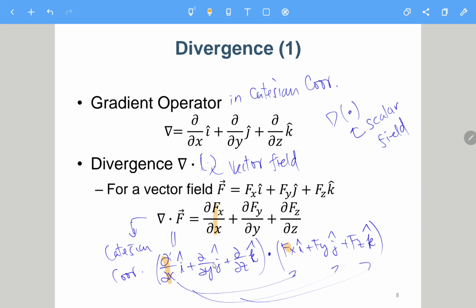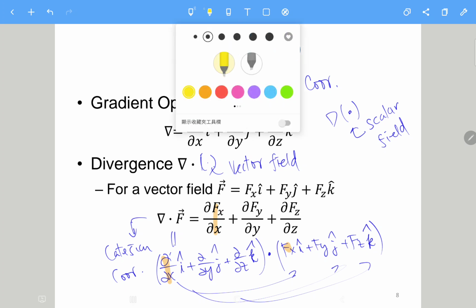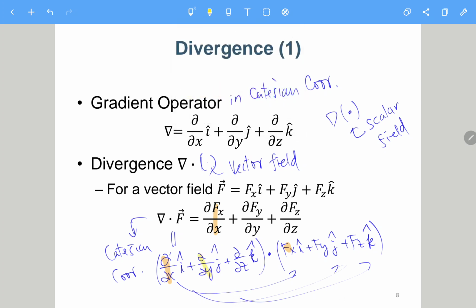And similarly, for partial y j hat, we distribute, but j hat dot i hat will be 0, j hat dot j hat will be 1, j hat dot k hat will be 0. Okay, so the only remaining term is partial fy partial y.